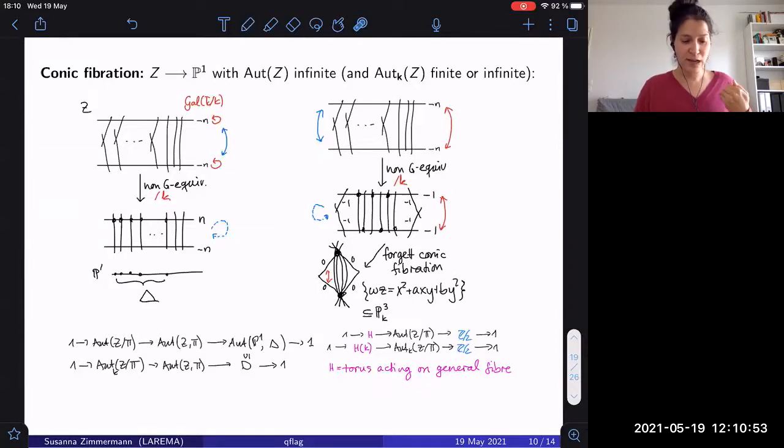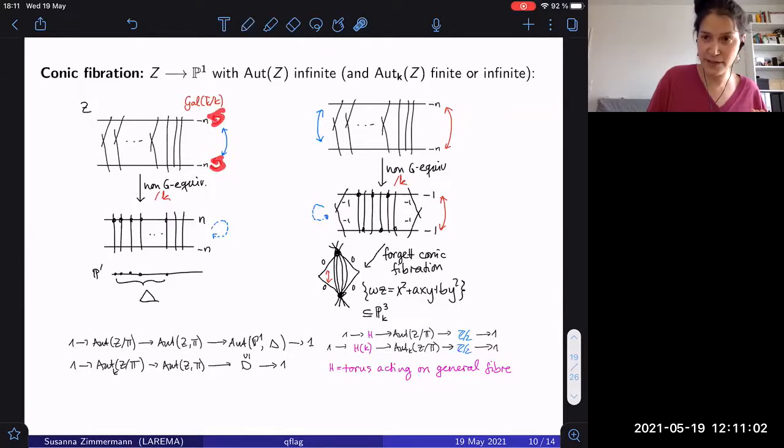Now, the Galois action gives you 2 options. Either it exchanges the 2 sections or it doesn't. So if it preserves each of the 2 sections, you can choose to contract some of your components, and you will end up on a Hirzebruch surface here. So maybe your automorphism group descends to an automorphism group of Fn, and then your minimal surface is actually Fn.